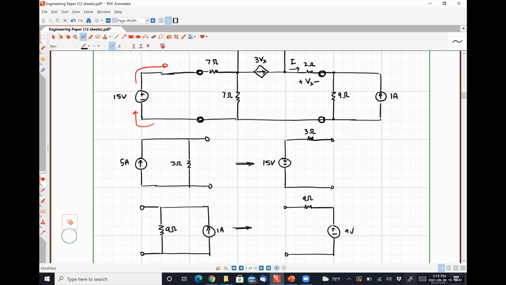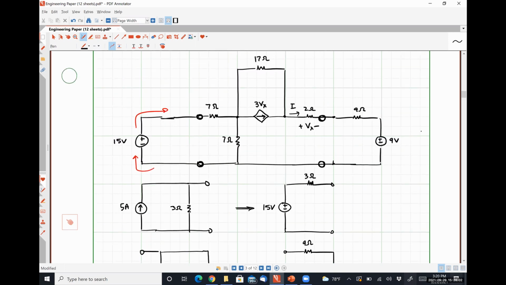So here's my 9 ohm resistor. Here's my 9 volt source. And we are now in 2 steps.